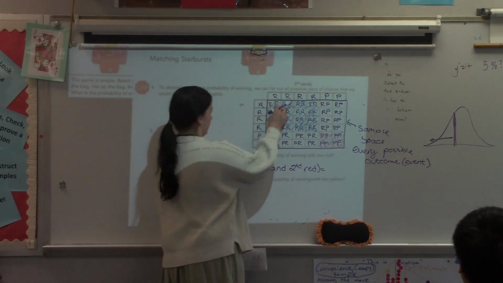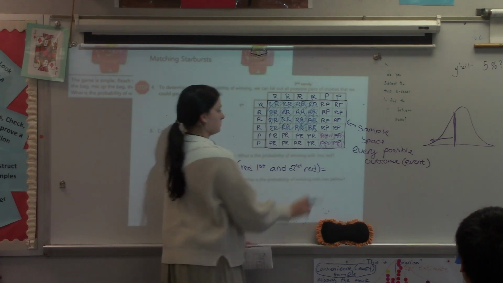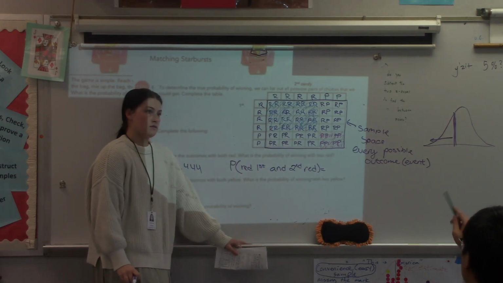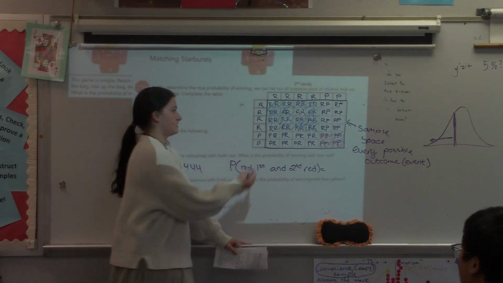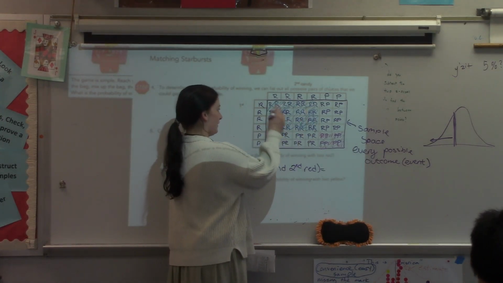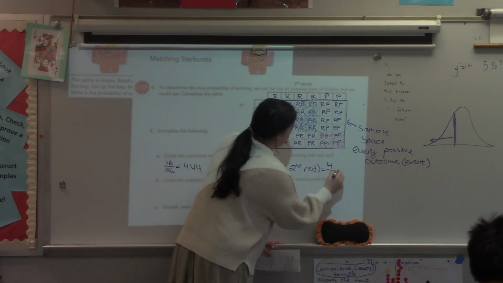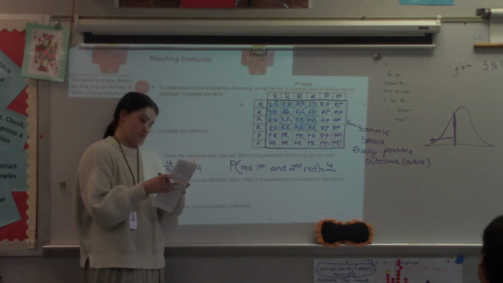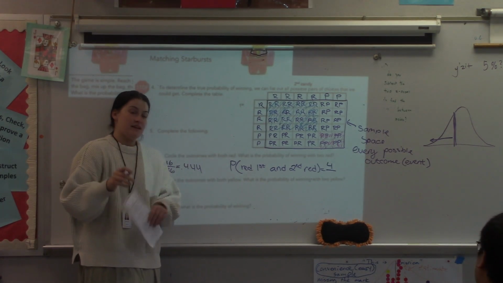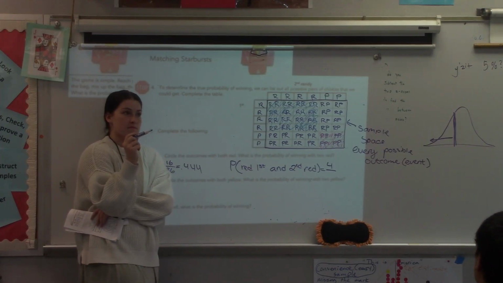Instead of counting these squares, going 1, 2, 3, 4, 16. Yeah, 16. 4 times 4, right? Because it's 4 reds. So we get 4 out of what though? Out of 36.